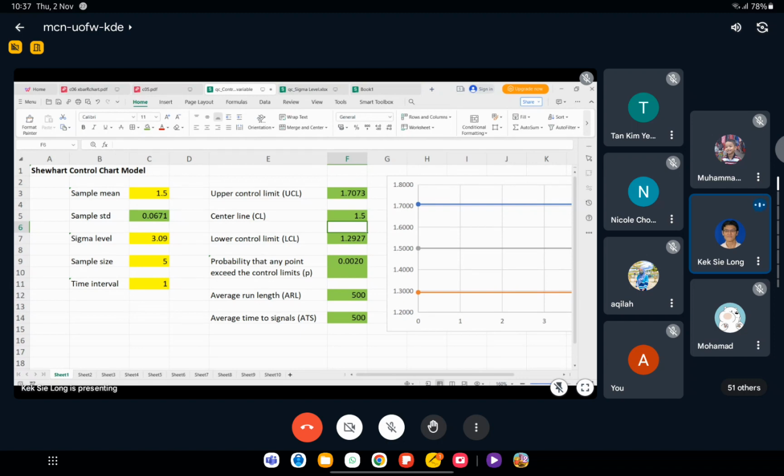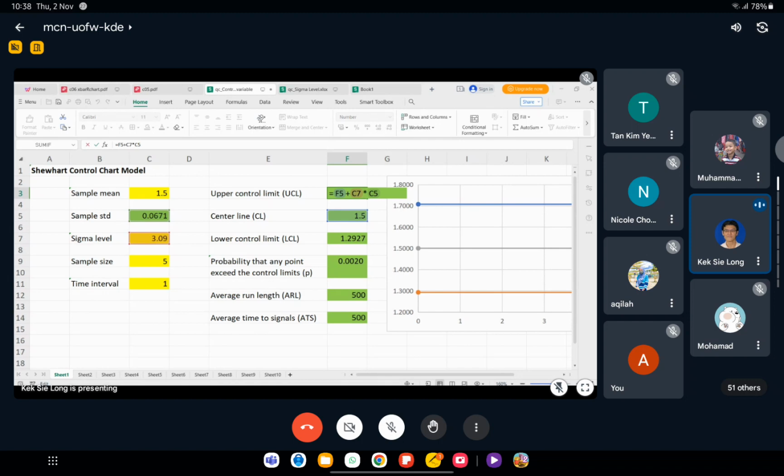Okay, just now I mentioned how to read the value. Now we want to do the calculation. To do the calculation, we read the value and put the value into the formula. For example, the upper control limit. Read the value first. To calculate the upper control limit, we need to know the center line, the sigma level, and the sample standard deviation. So we read these three values and put them in formula form.